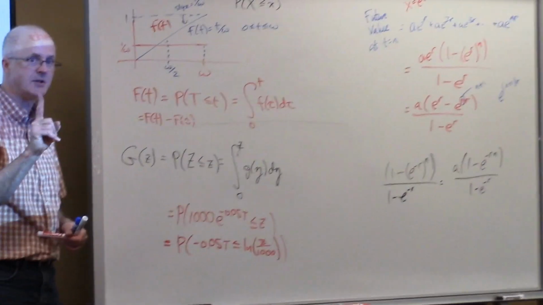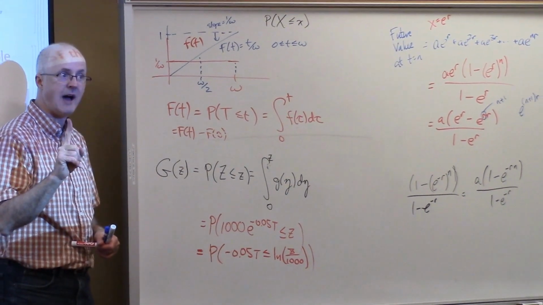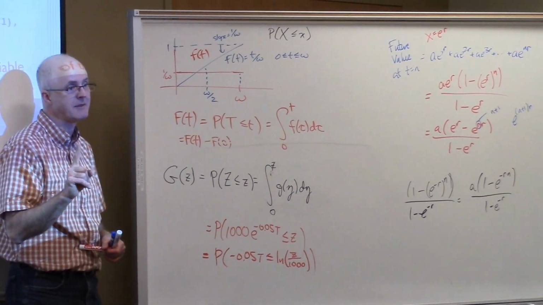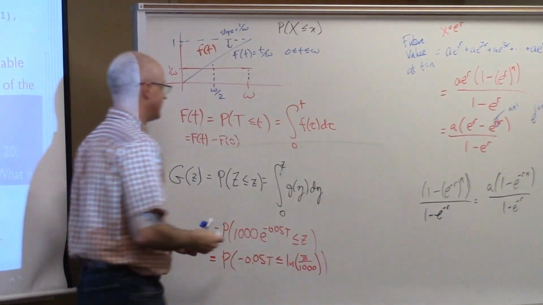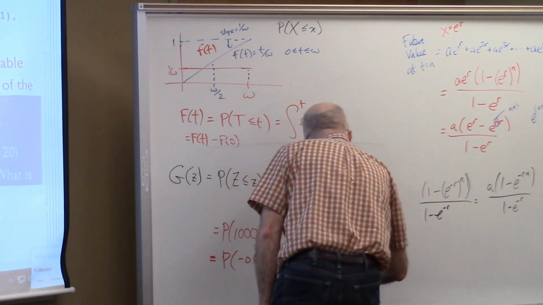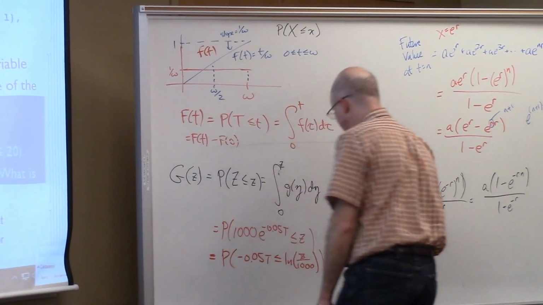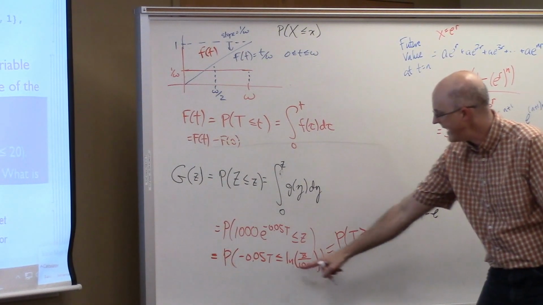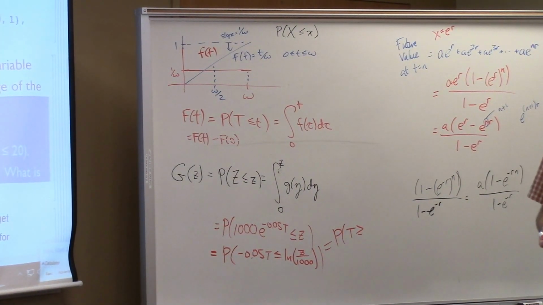I've got one more step to do. Divide both sides by negative 0.05, but if I divide by a negative number, the inequality switches direction. This is the same as the probability that capital T is greater than or equal to this divided by negative 0.05. Dividing by 0.05 is the same as multiplying by 20.